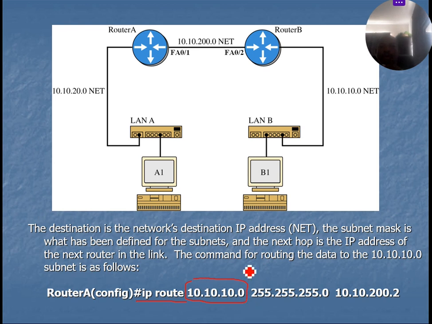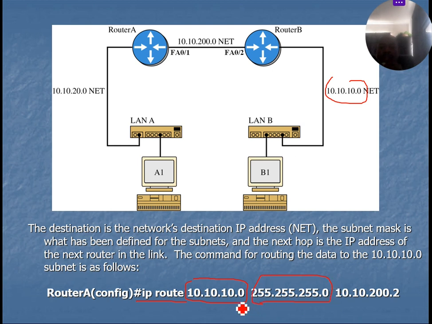You follow it up with the destination IP address, which is this, because the data packet that is coming from this place is going through this IP address to this local area network. So you have to enter the destination IP address. Okay, then you put the subnet mask 255.255.255.0. You have to enter your subnet mask.